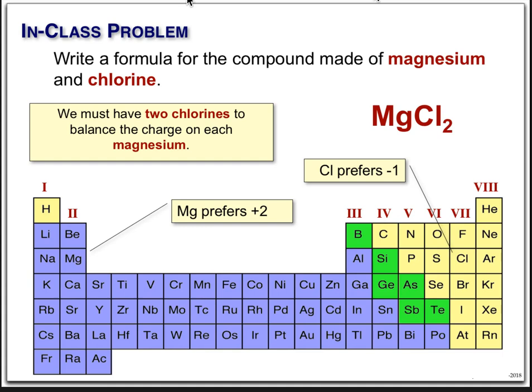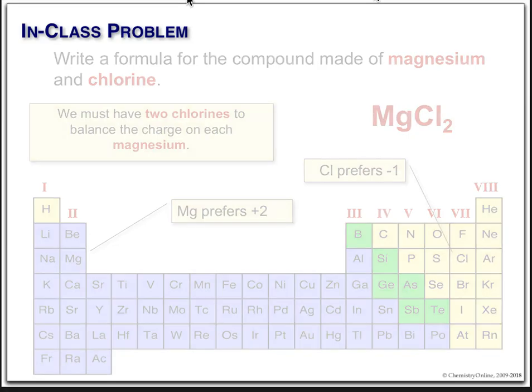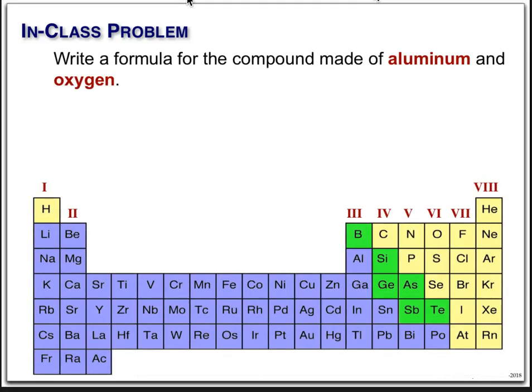Now sometimes compounds can be a little more complicated. Let's look at aluminum and oxygen. Go ahead, find them on the periodic table, and then write a neutral compound.